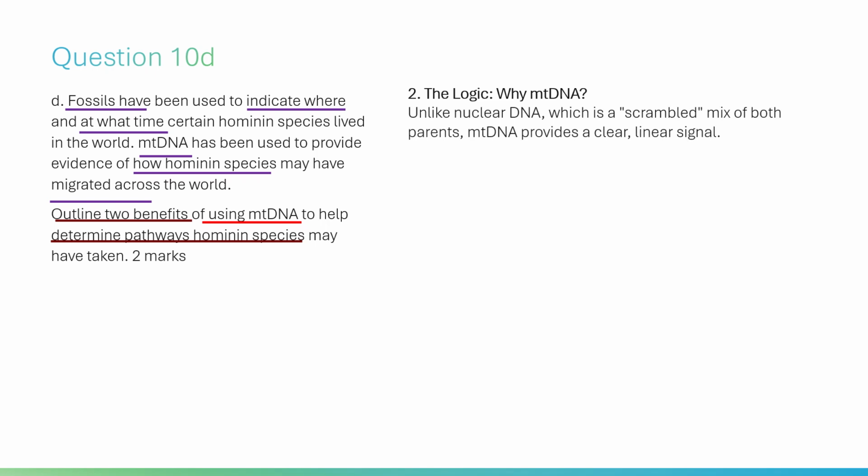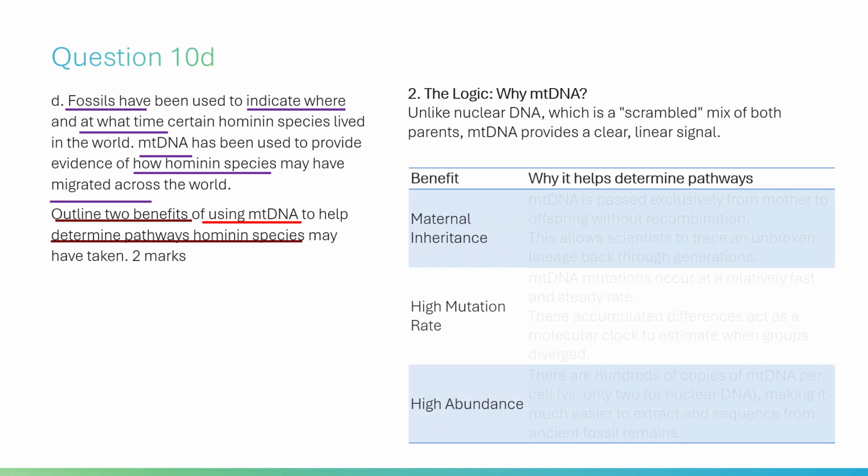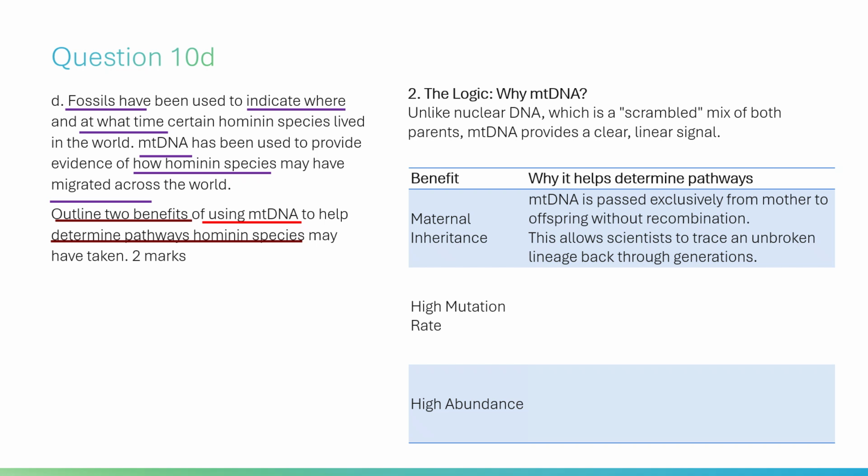Unlike nuclear DNA, which is a scrambled mix of both parents, mtDNA provides a clear, linear signal. Maternal inheritance. mtDNA is passed exclusively from mother to offspring without recombination. This allows scientists to trace an unbroken lineage back through generations.